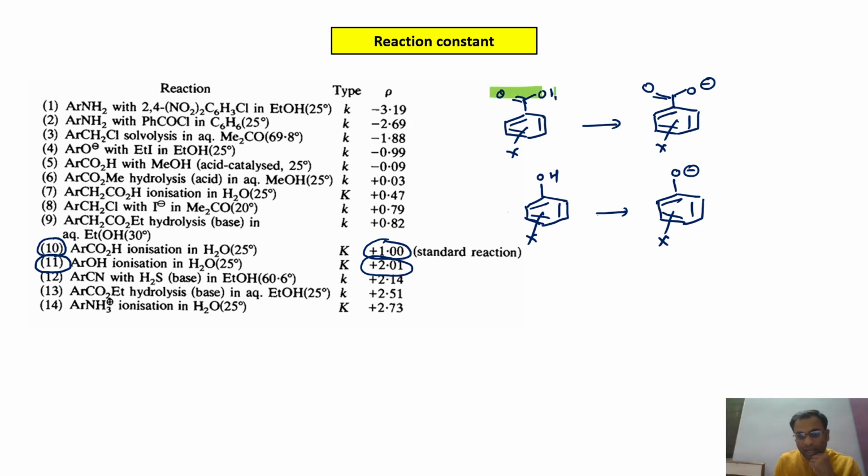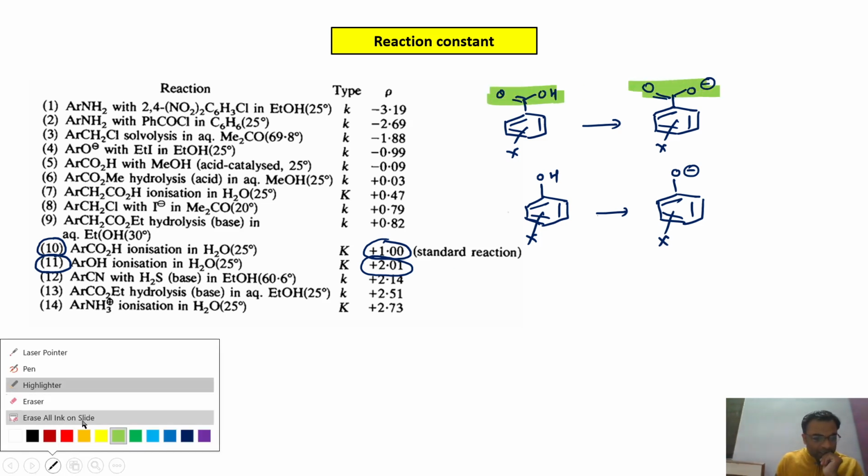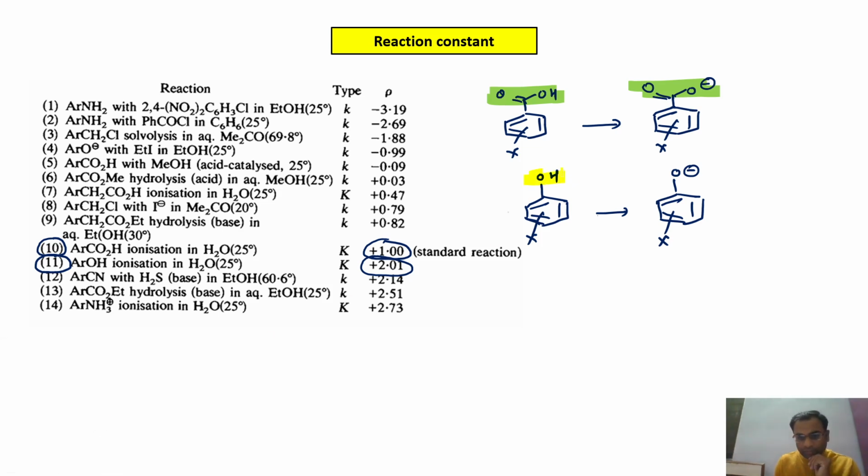In both cases, simply ionization is taking place. But the rho value for the first reaction is considered as 1, as that is the standard reaction, and the rho value for the second reaction is 2.01. So why is the rho value for the second reaction more than the first reaction?